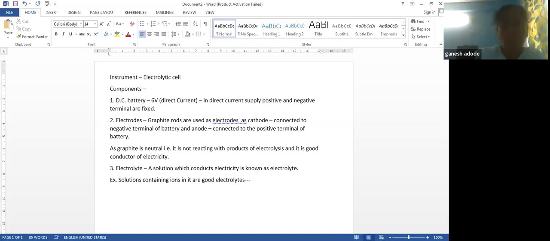Solutions containing ions in it are good electrolytes. जैसे कि देखो acids होते हैं, bases and salt solutions. Acid, base and salt solutions are acting as the good electrolyte.